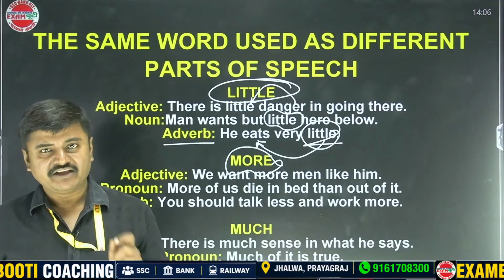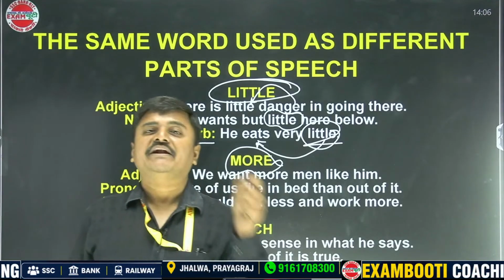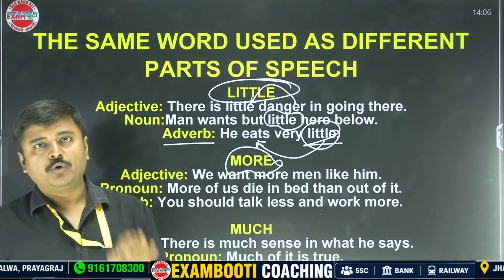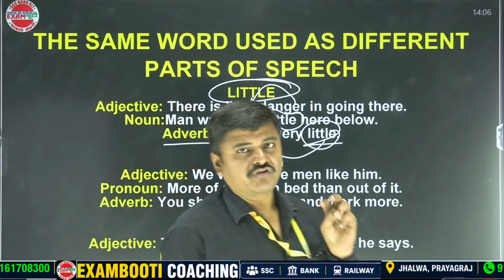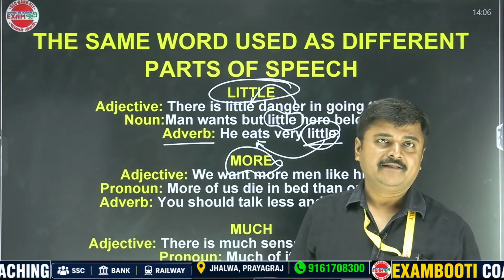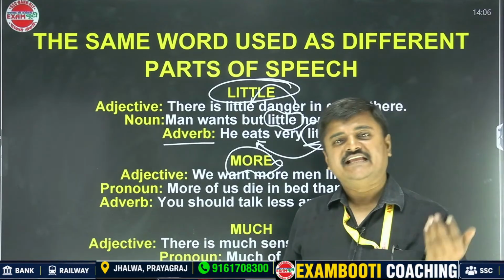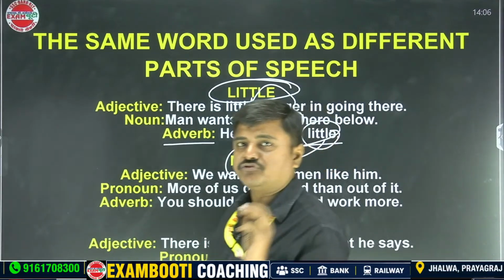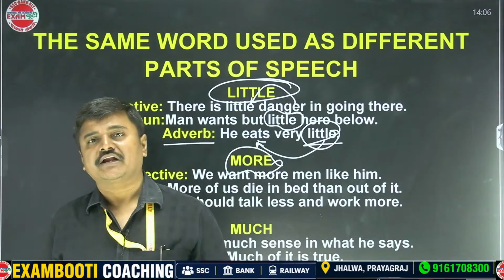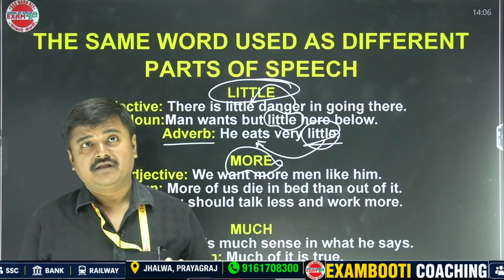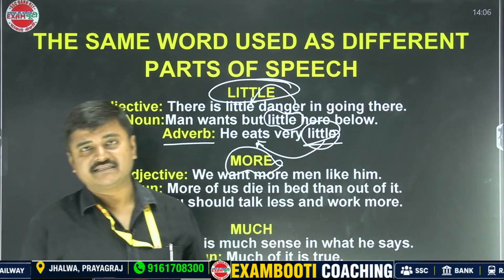The comparative degree of many is more, the comparative degree of much is more. And more can function in three different ways in three different sentences, as we have seen in little. More also functions in three different ways. More can function like an adjective, like a pronoun, yes. And more can also function as an adverb.